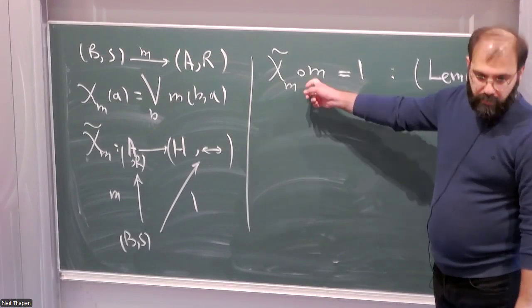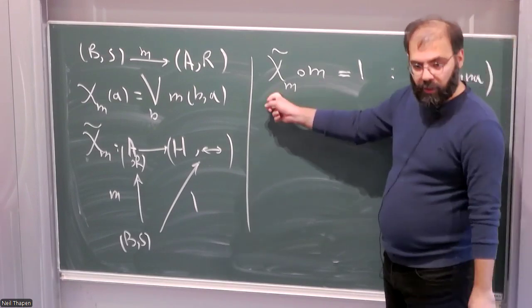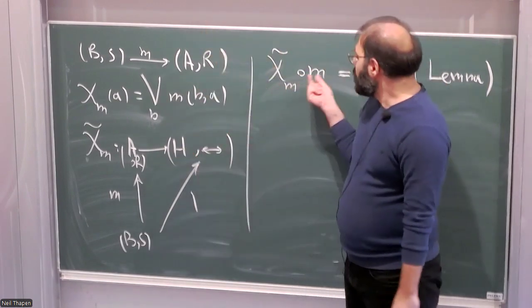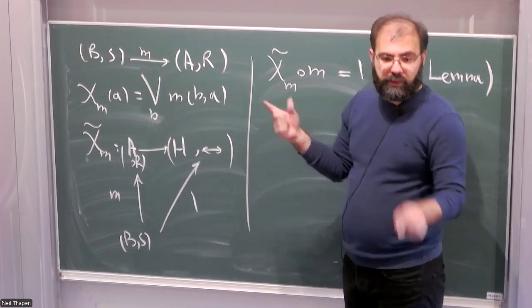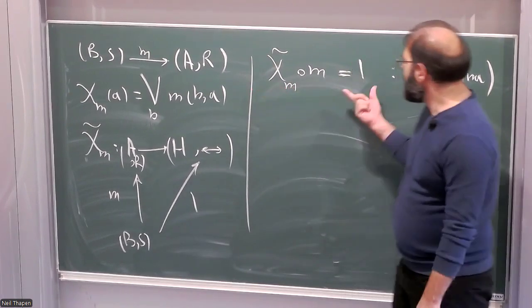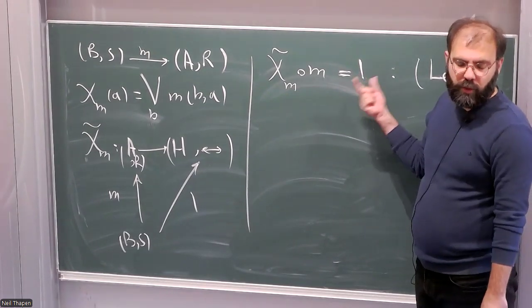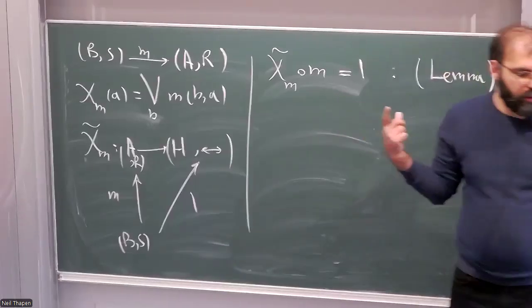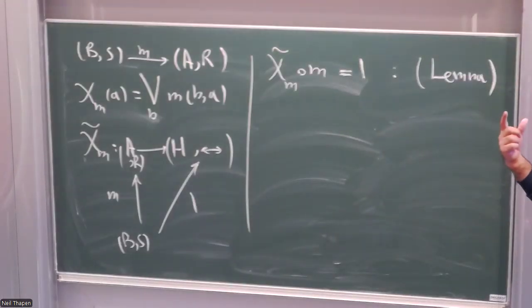You start with some M, you define your chi M, lift it to H subsets. Now you have two H set maps. You compose them, and then it says that it is just equal to one, the constant one all the time. Right? So that's useful for later.